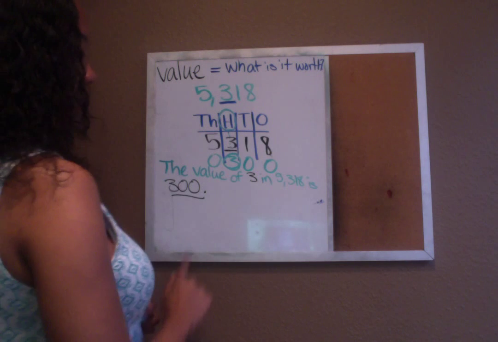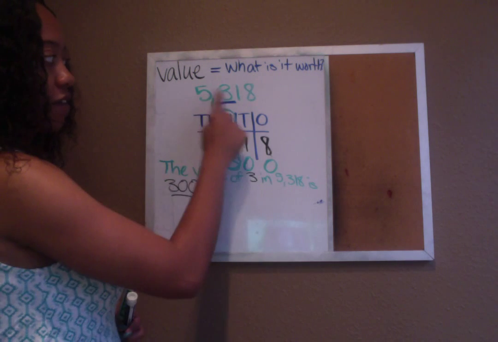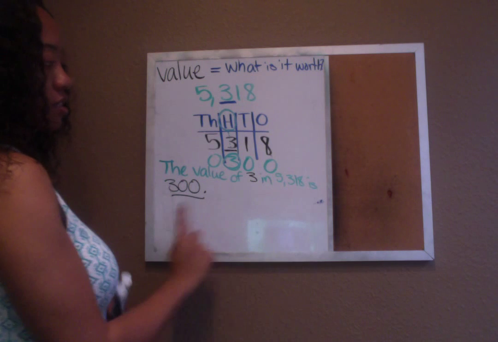That was a little slanted. The value of 3 in 5,318 is 300.